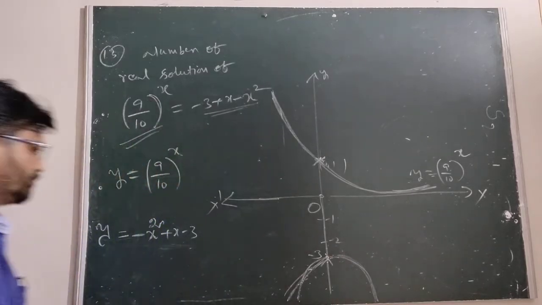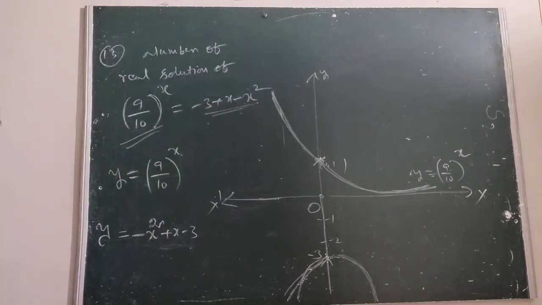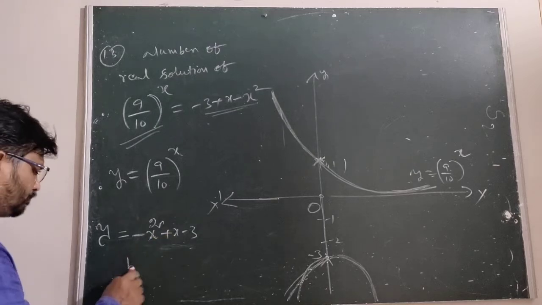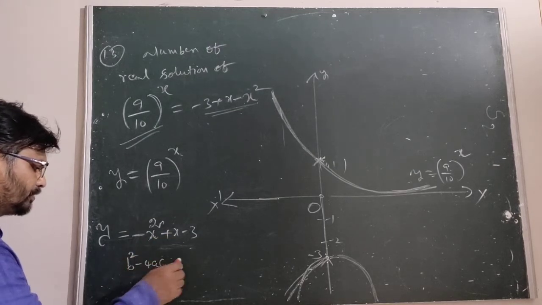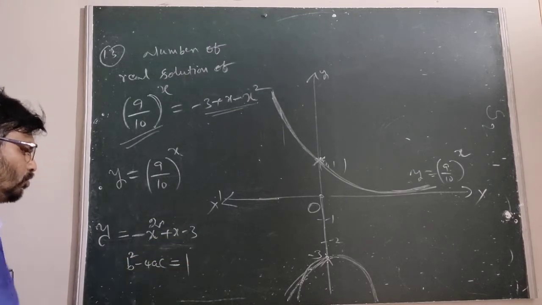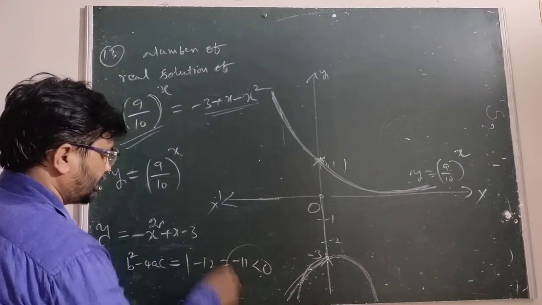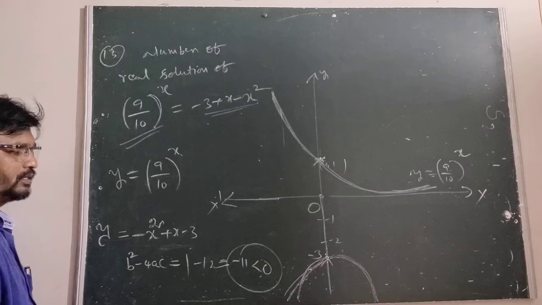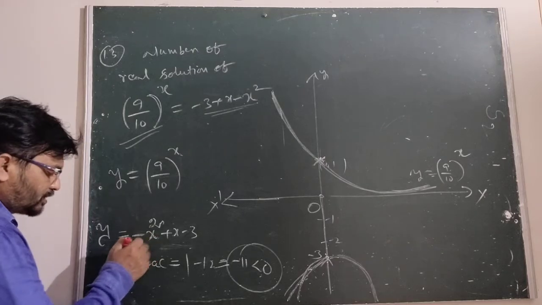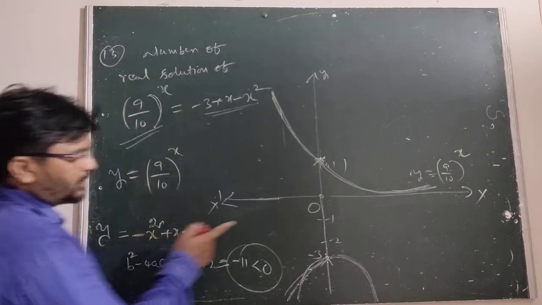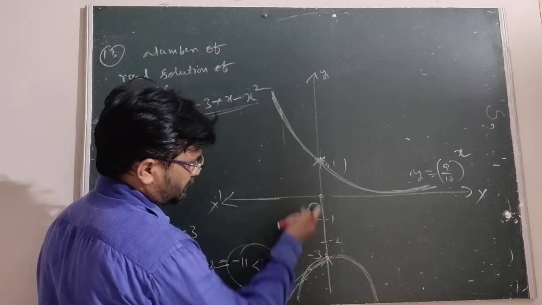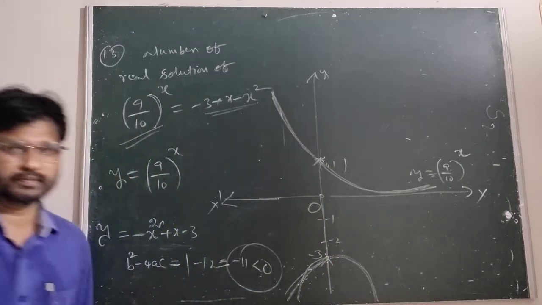At the same time, observe the discriminant of this one, b² - 4ac: 1 - 4·3 is 1 - 12, which is -11. It has imaginary roots. That means, since the coefficient of x² is negative, it always lies completely below the x-axis.